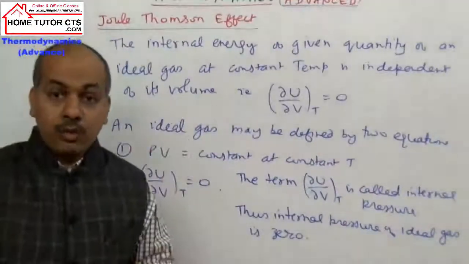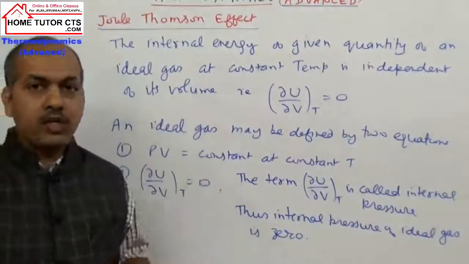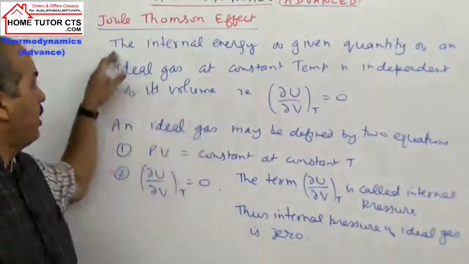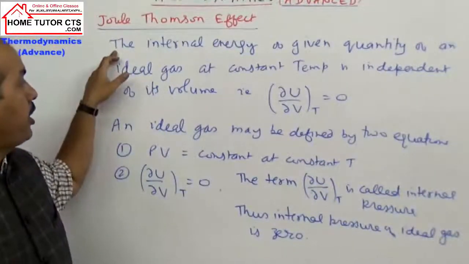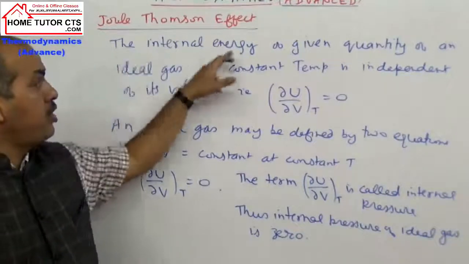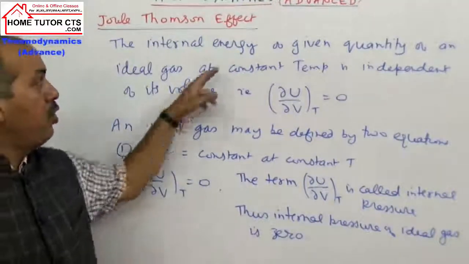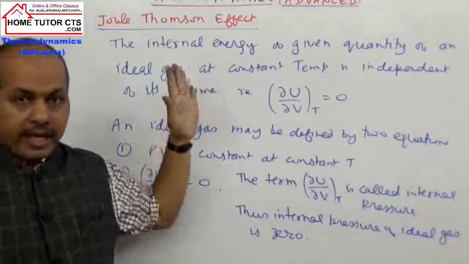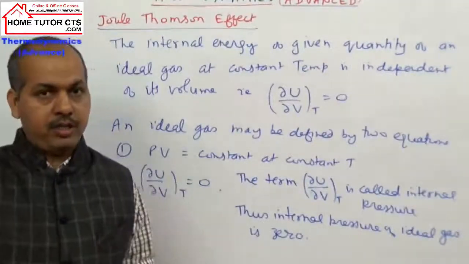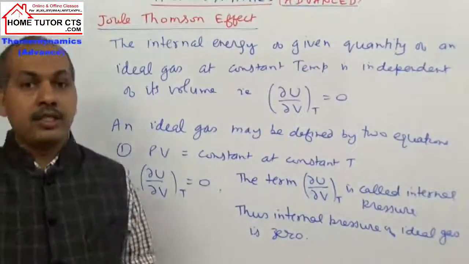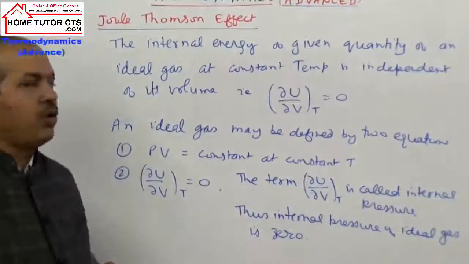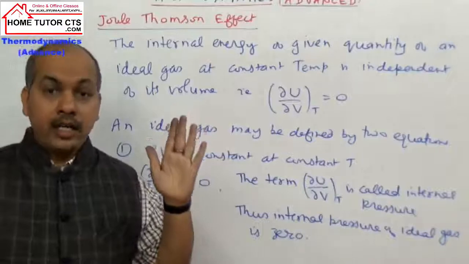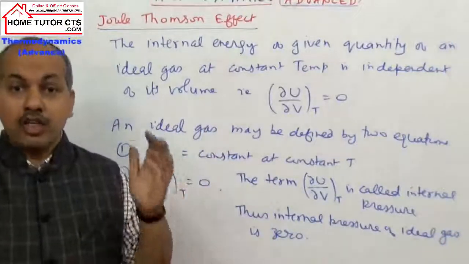Now to explain the Joule-Thomson effect for real gas or ideal gas, some points are required. Actually for an ideal gas you can take some properties. That first term we can write down here. आप देख लीजिए. The internal energy of a given quantity of an ideal gas at constant temperature is independent of its volume. Already explained to you this point that the internal energy of a gas is a function of temperature.